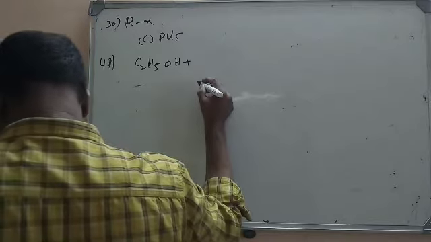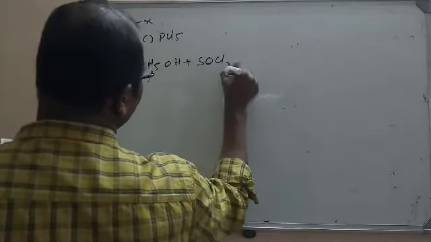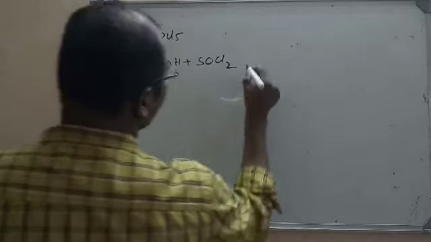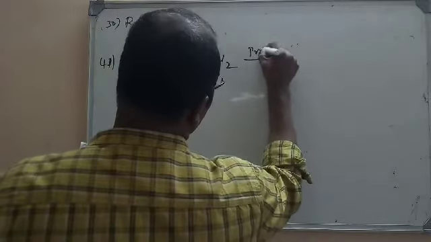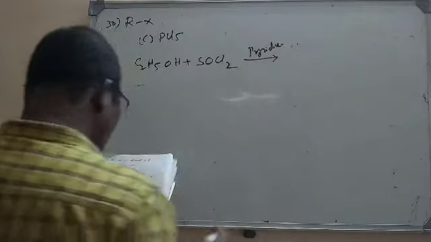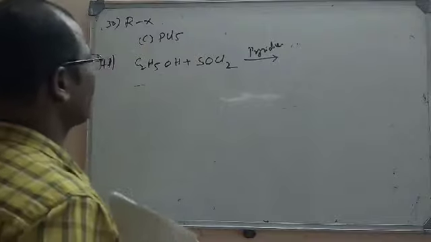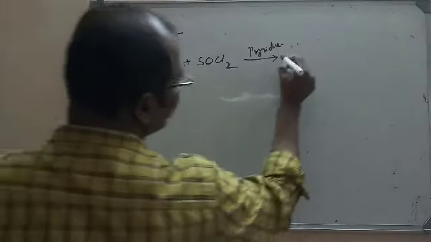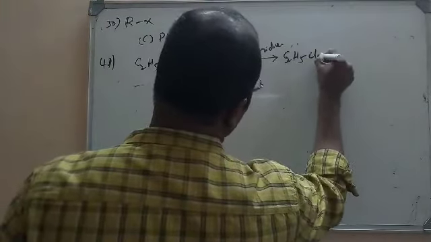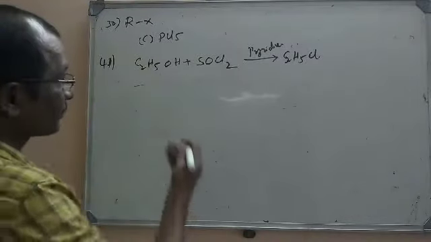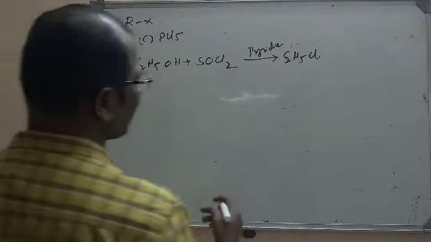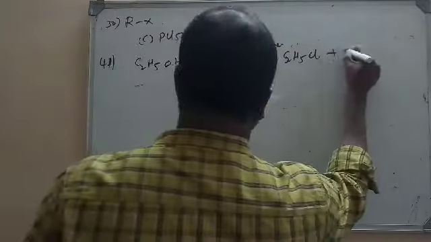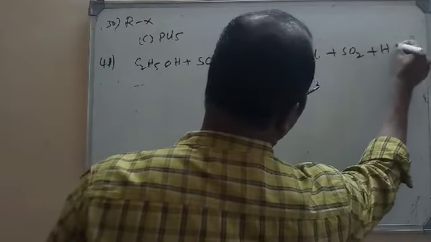Here ethyl alcohol is given with thionyl chloride in the presence of pyridine. Pyridine, you know, is a base. We have to identify the products. It is nothing but C2H5Cl, one of the methods to prepare alkyl halide, and here SO2 and HCl will be formed.